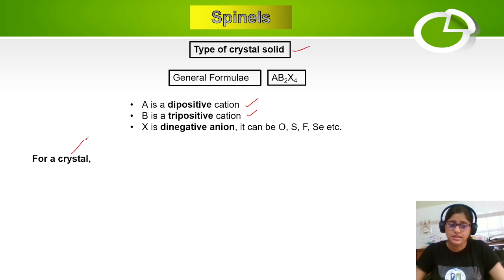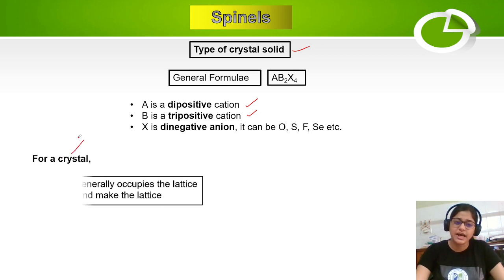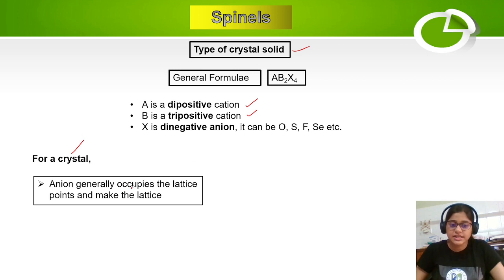For a crystal, generally what is happening is that the anions occupy the lattice points and make the lattice. Lattice points means, let's say this is a simple cubic crystal or a cubic unit cell. This is a cube.